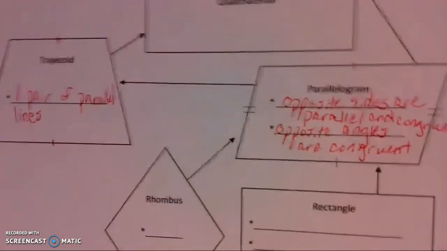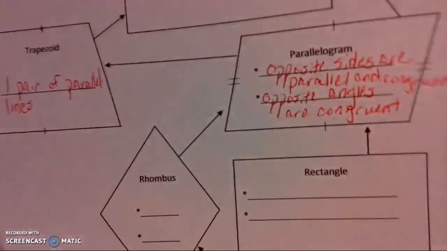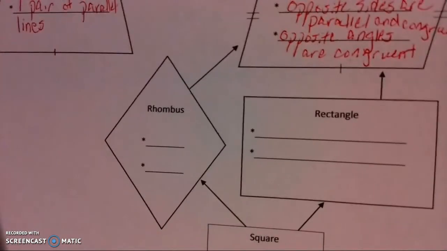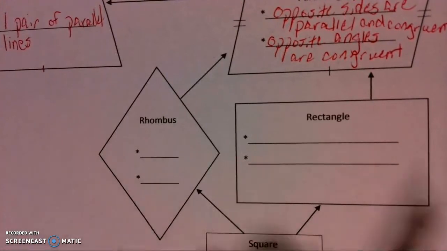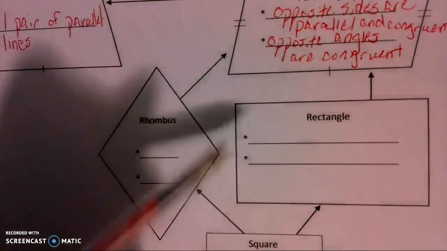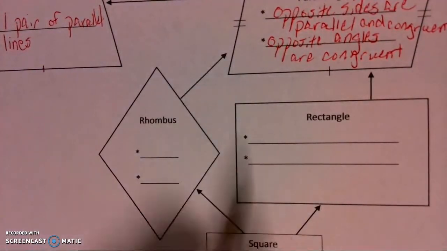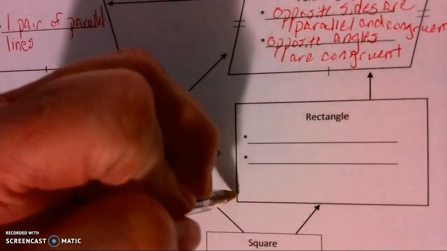When I have a parallelogram in which my opposite sides are parallel, but I have a special relationship between the 4 angles in this particular shape. And what's special about that is these are all right angles.